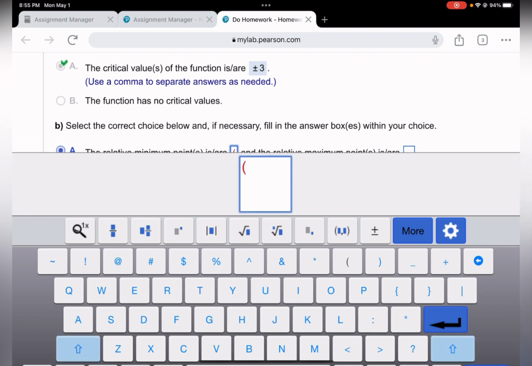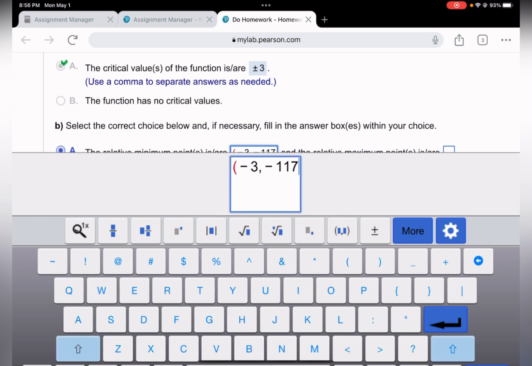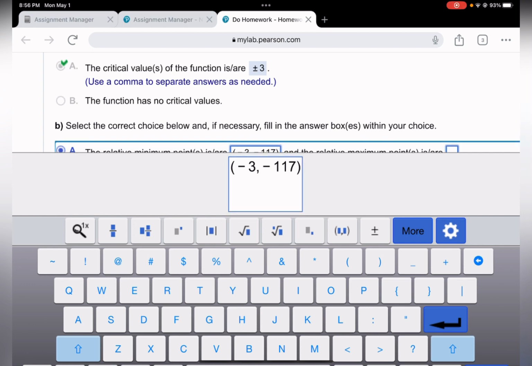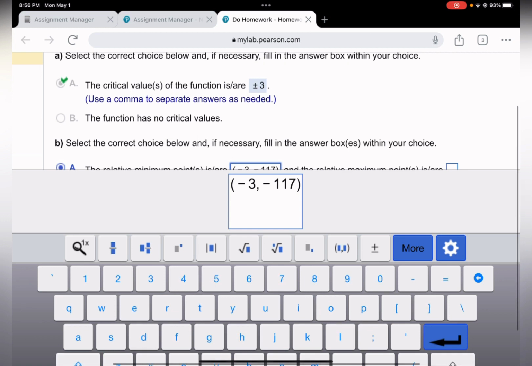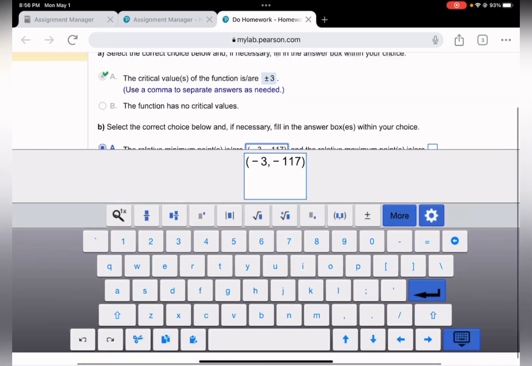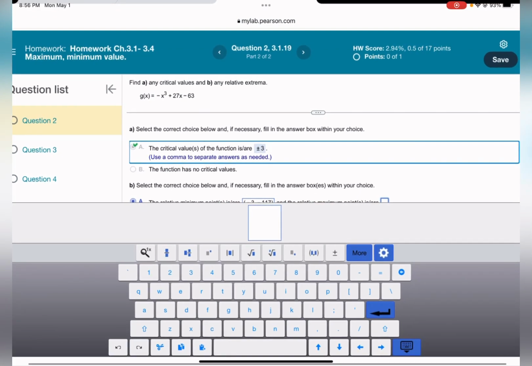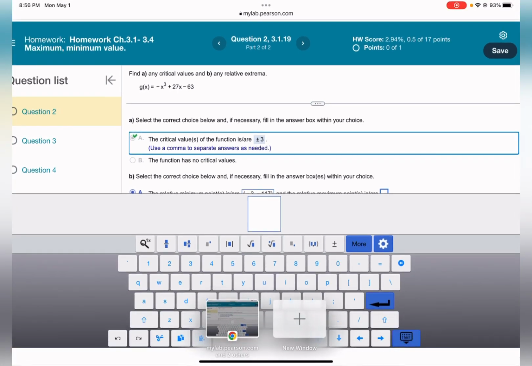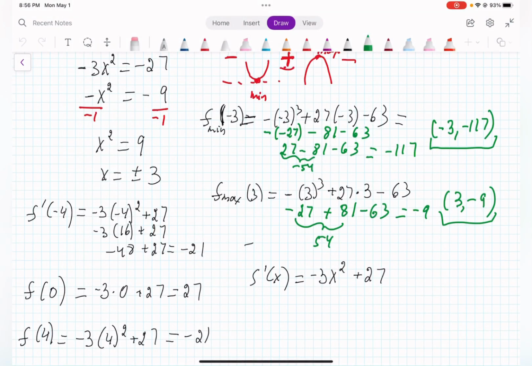Negative 3, comma, negative 117. And the other one is going to be what we have here: positive 3, negative 9.